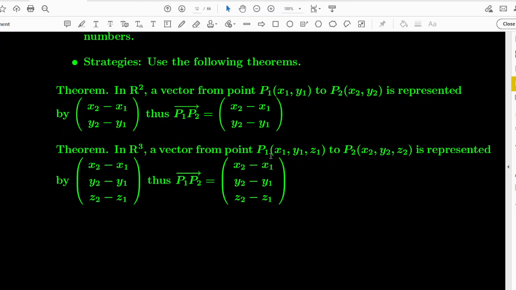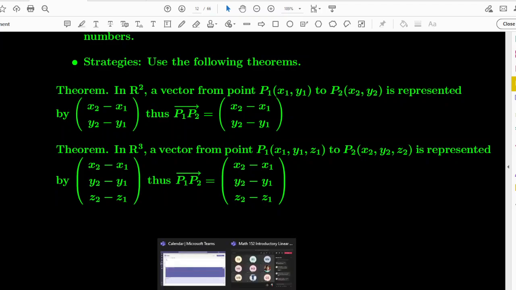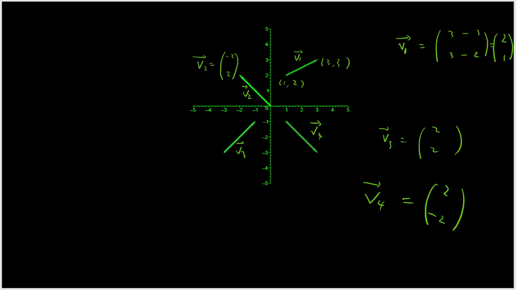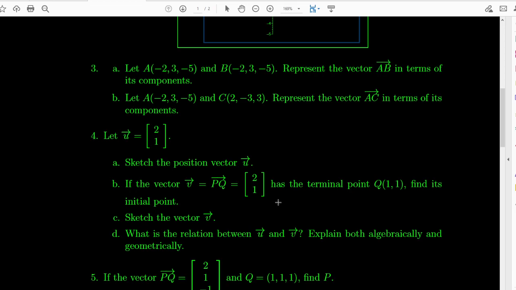As long as you know the coordinates of the initial point and terminal point, then you can represent the vector in terms of three components. A vector in space has three components, right? I think it's not too hard to imagine. After that, we are going to practice a few questions. We're just following the handout. Okay.